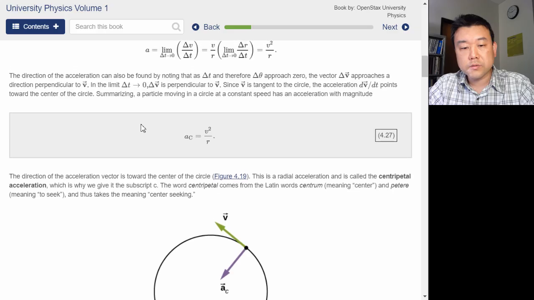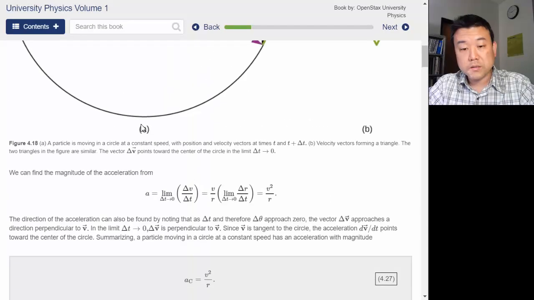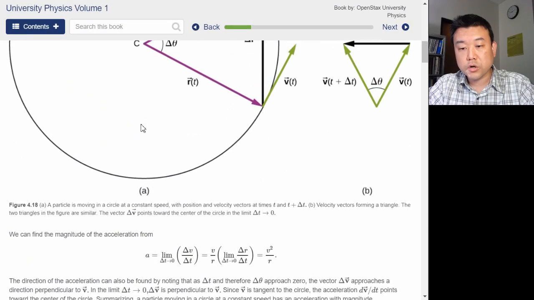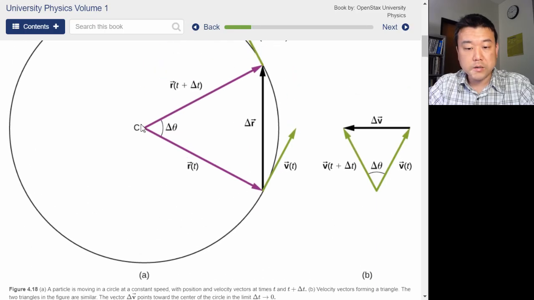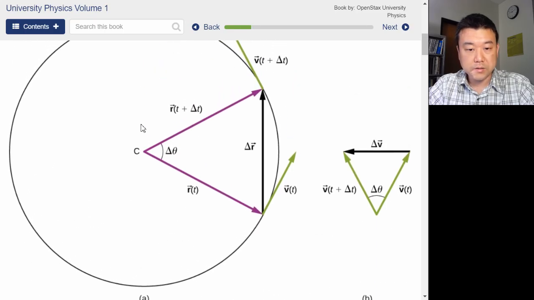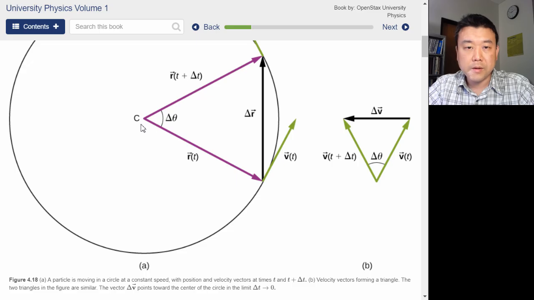What I wanted to emphasize was that whenever you see circular motion, there is always acceleration. And that is best illustrated by figure 4.18.